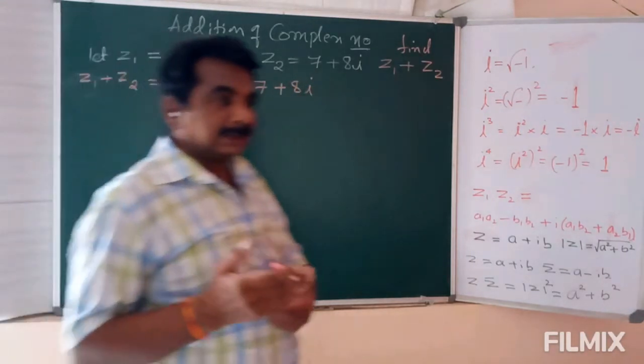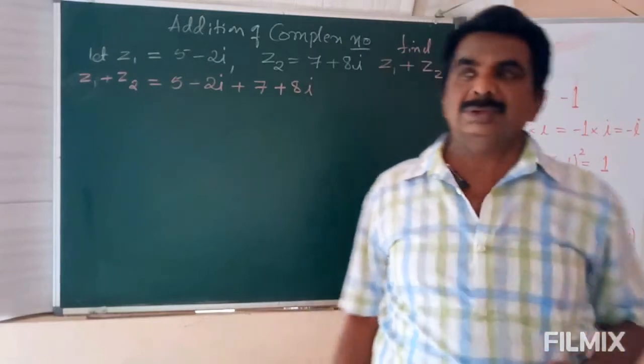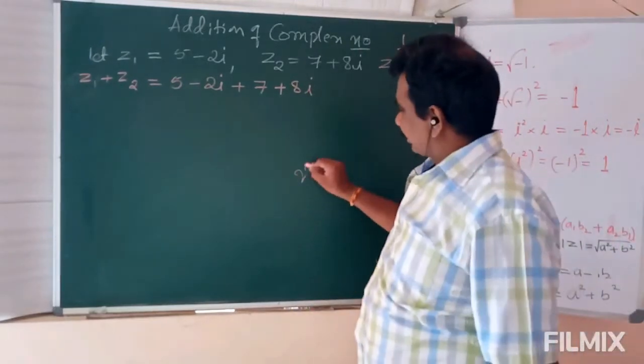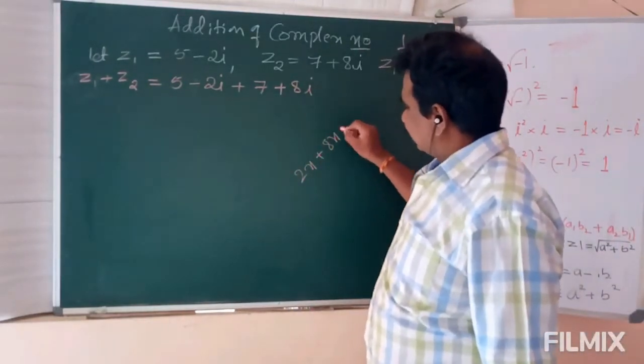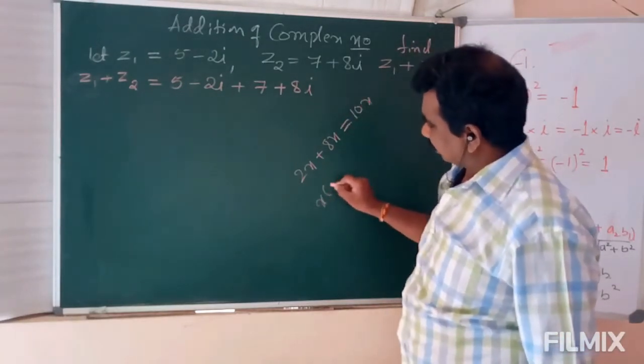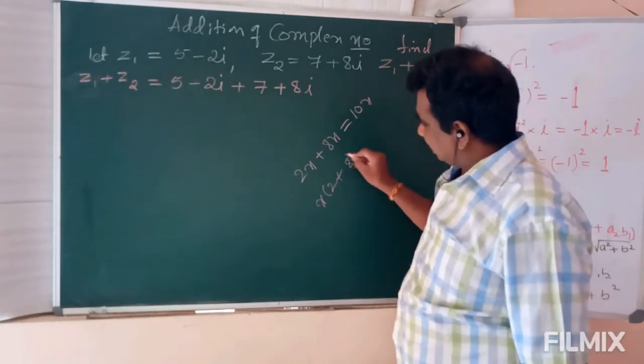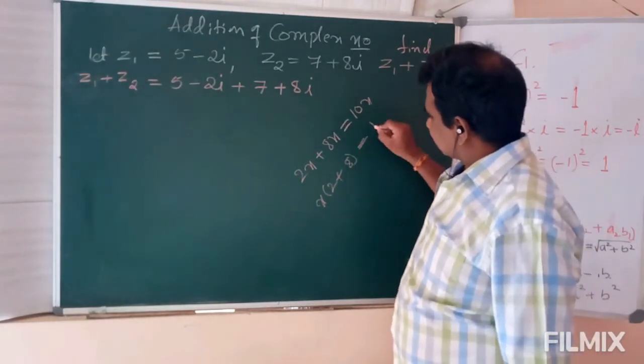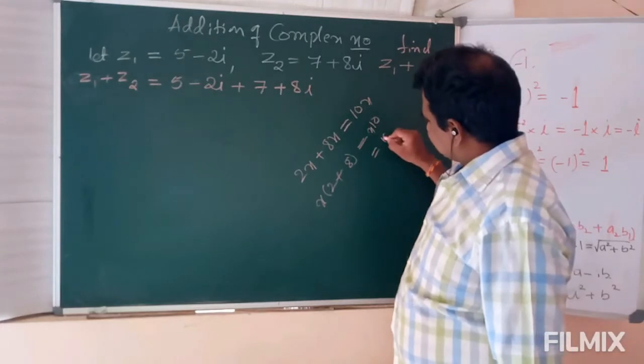How to add the polynomials? Suppose 2x plus 8x, how much? 10x, because x is a common factor. 2 plus 8 is 10x.